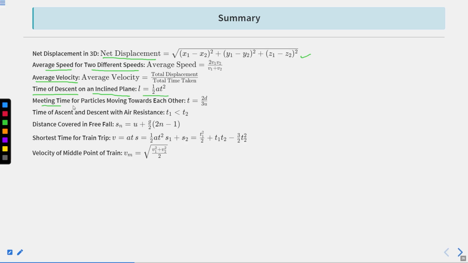Meeting time for particles moving towards each other, t equals 2d by 3du. Time of ascent and descent with air resistance, time covered in free fall, which is this. Shortest time for a train trip, and velocity of the middle point of a train. So these are the main formulas of today's lecture. These are the formulas and questions we learned in today's lecture. Thank you.